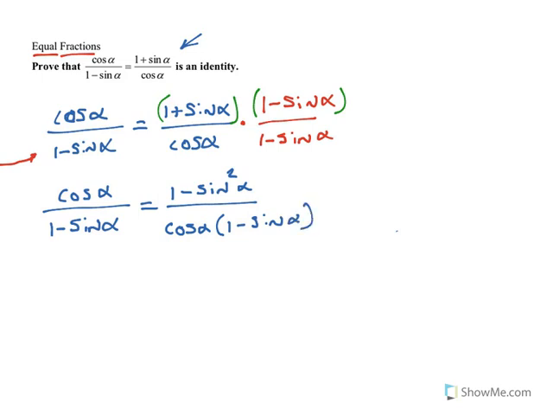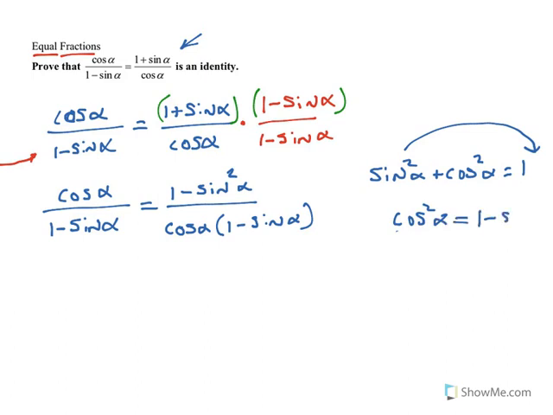The reason this is going to help is because if we look at our numerator, 1 minus sine squared, we know from our Pythagorean identities that sine squared plus cosine squared is 1. And if we bring our sine squared to the other side, then cosine squared must be equal to 1 minus sine squared.